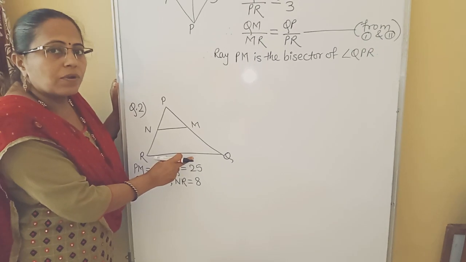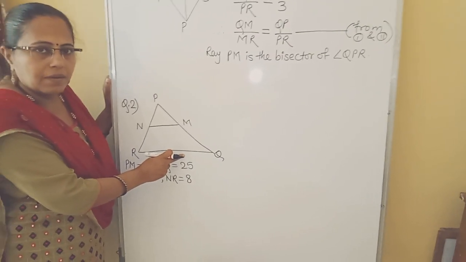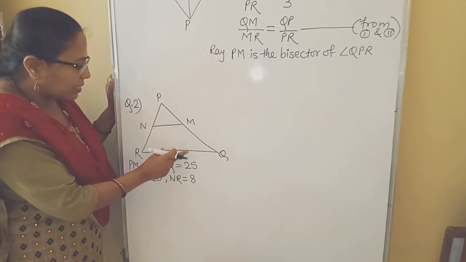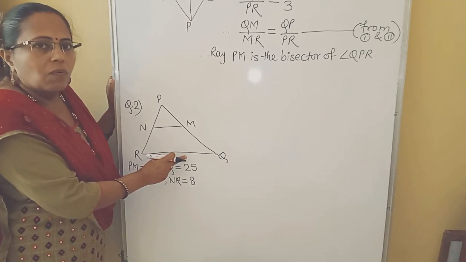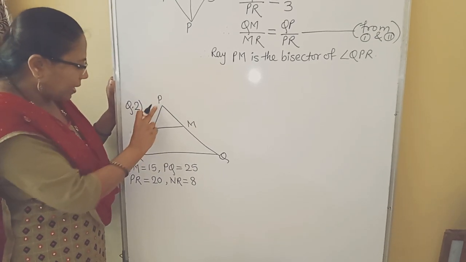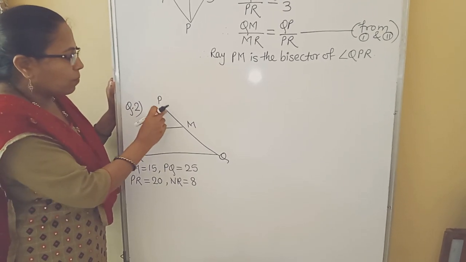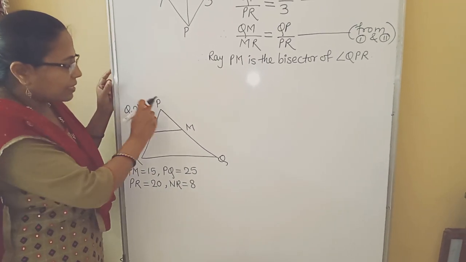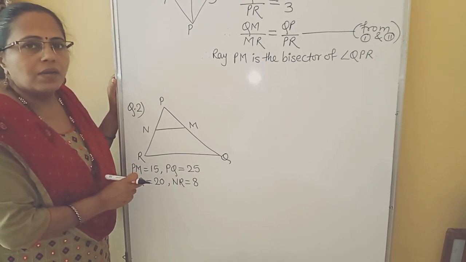So again here we have to revise the basic proportionality theorem. We studied the theorem that if line NM is parallel to RQ, we will get PN upon NR equal to PM upon MQ. So first we have to say whether these ratios are equal or not.